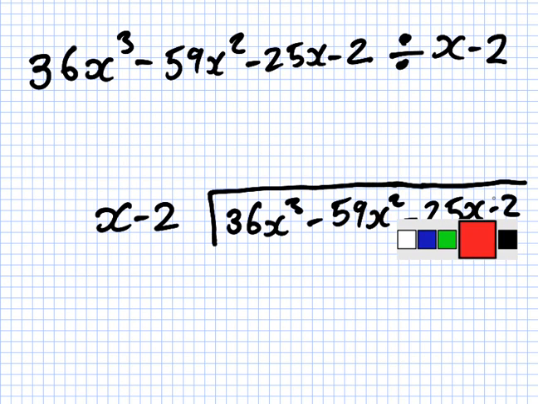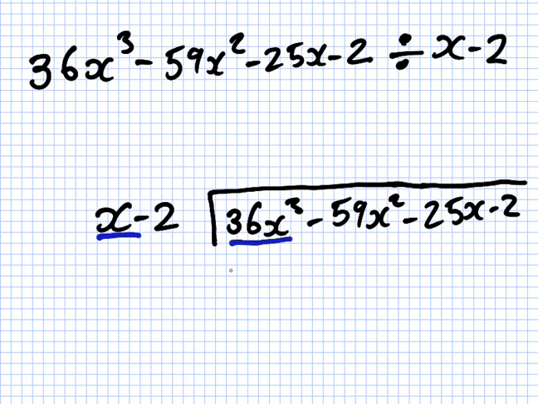So what you do, you go with the first term here and the first term here, and you say, what do I multiply x by to make it become 36x cubed? So 36x squared is what I need.